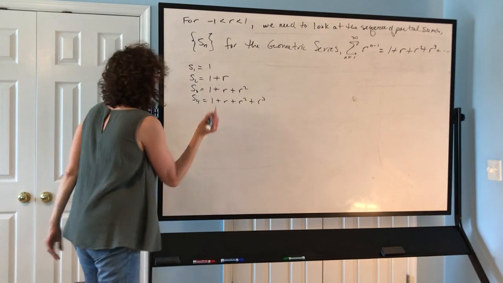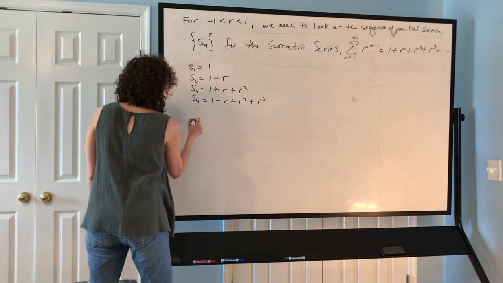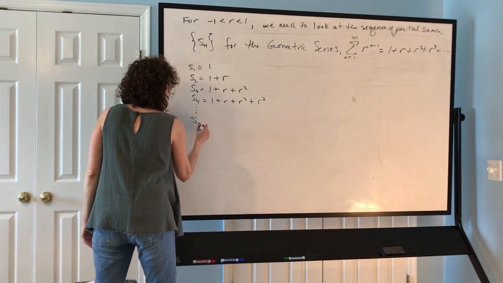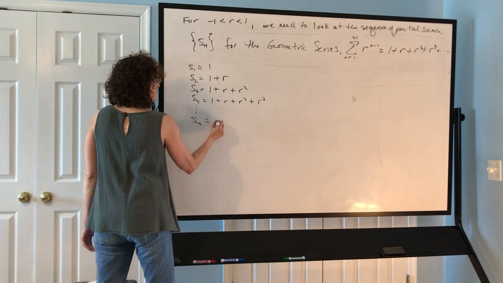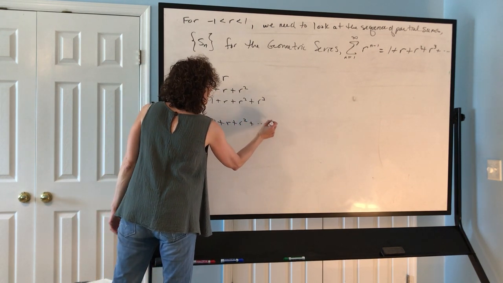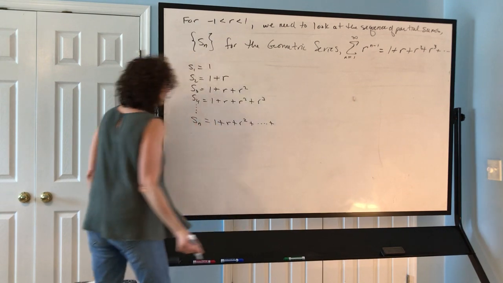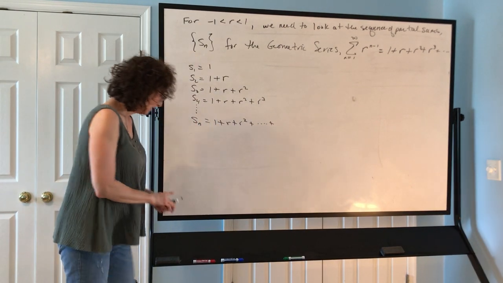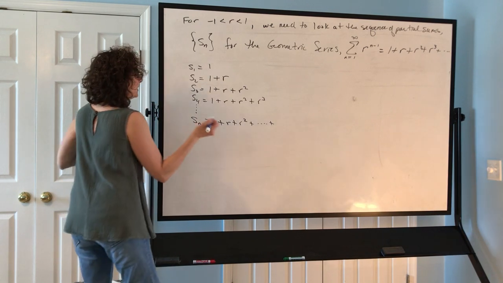We're getting this. Now we want to try to look for a pattern. What do we have? Sn is 1 plus r squared, right, plus r cubed, the whole way out to what? What's going to be the final term we're adding, right? So let's compare, right?